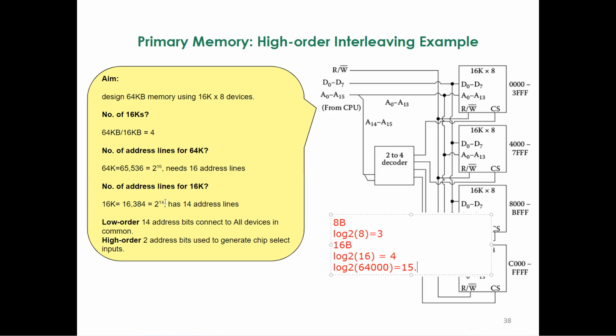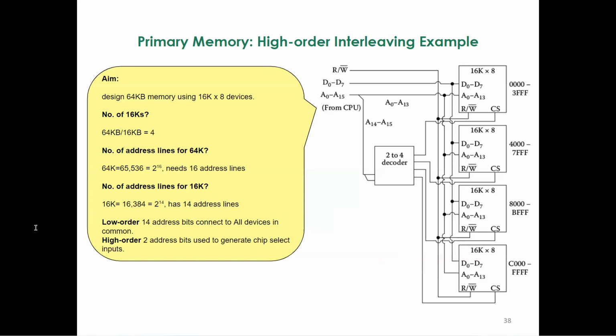And we do the same thing for the address lines required to address the smaller modules, which is log base 2 of 16K. It gives us 14 address lines that we need.